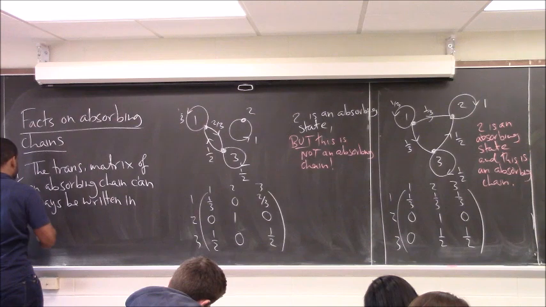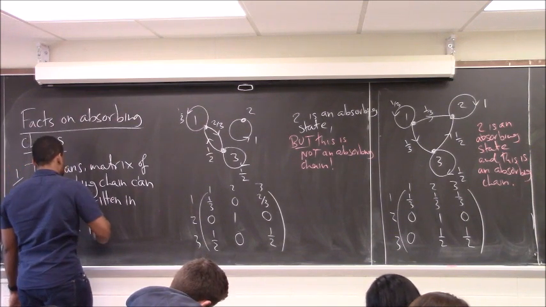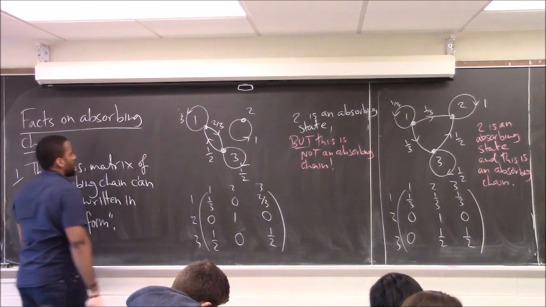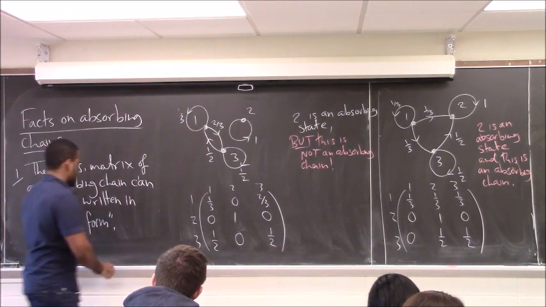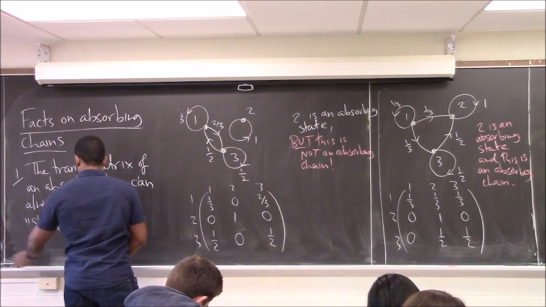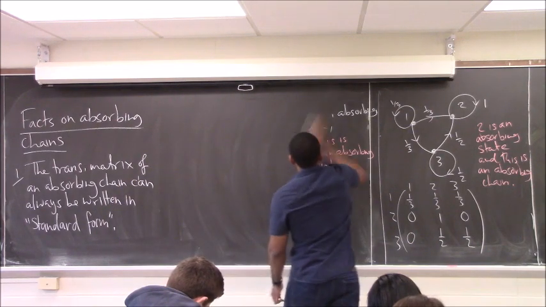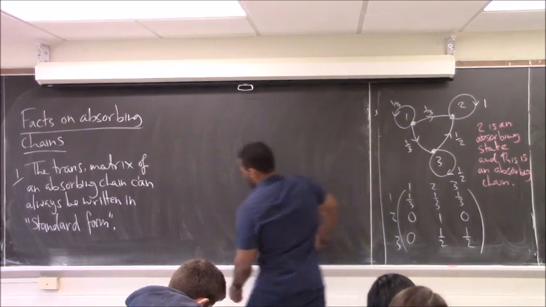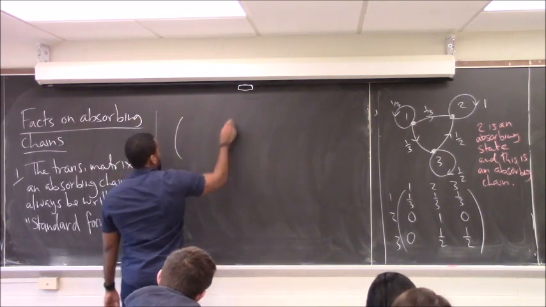There's a form called standard form. Standard form means you'll be able to rearrange the states so that you can write the matrix in a form that looks like this.